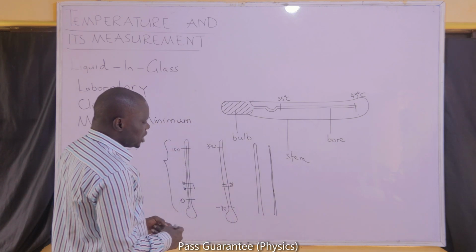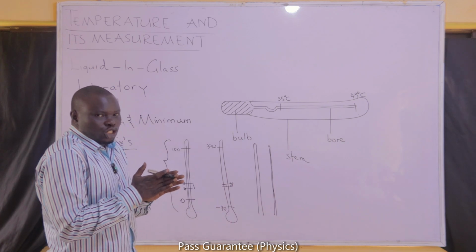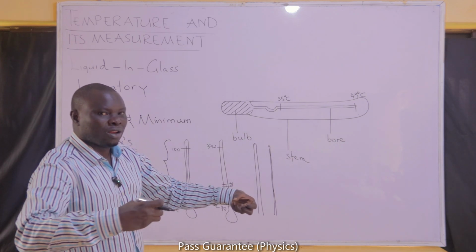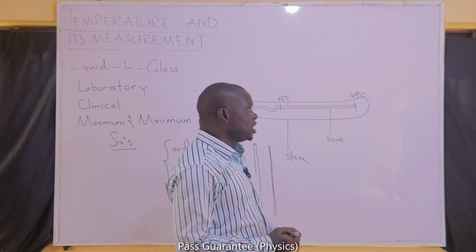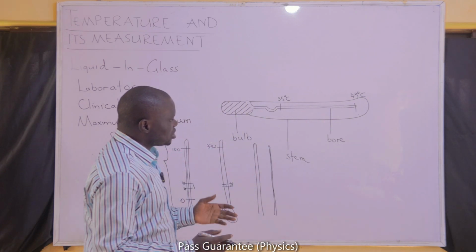Why? Because we need to make the bore smaller so that we can create a longer space between the two temperature values that we need to accommodate, which are still close.